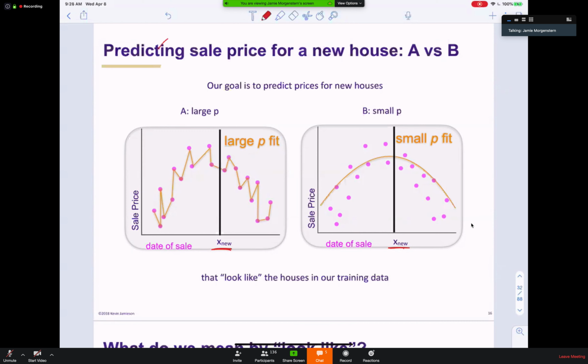If we look at the prediction that the model A makes, it makes this prediction right here, right? And compare that to the prediction that we'd make using model B, it would be here, right?